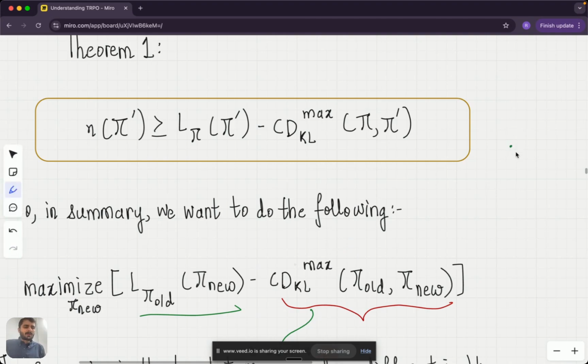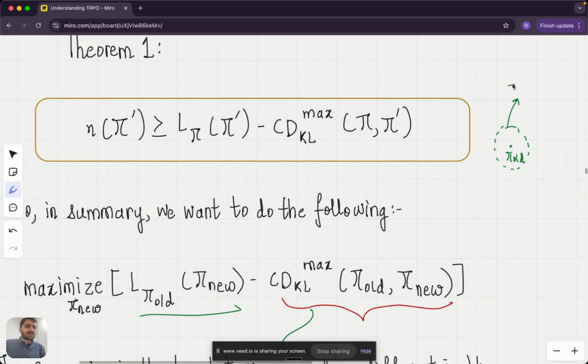It is telling me that if this is your pi old, there is only a limited radius in which you can move. You cannot move outside this radius, because if you move outside this radius, then this term is going to receive a big penalty because there is a negative sign over here. So, in other words, this expression is adding a trust region on top of your old policy.